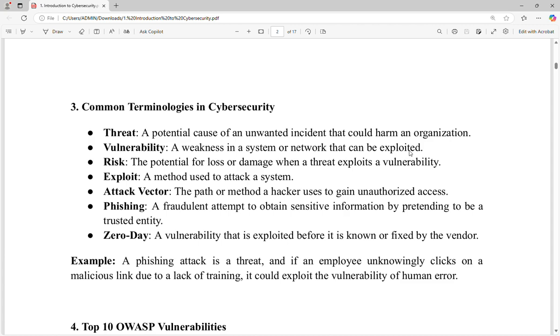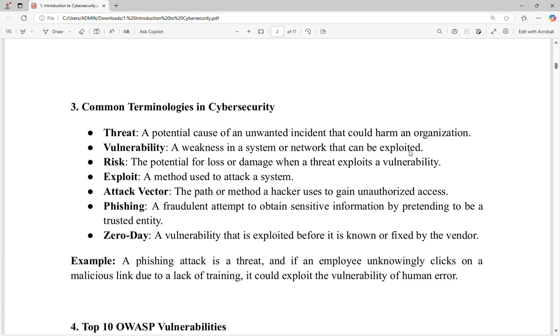Now, this is an example of common terminologies in cybersecurity. We have many of them, and as time goes on we'll be talking about more. So this is an example. A phishing attack is a threat, and if an employee unknowingly clicks on a malicious link due to lack of training, it could exploit the vulnerability of human error.